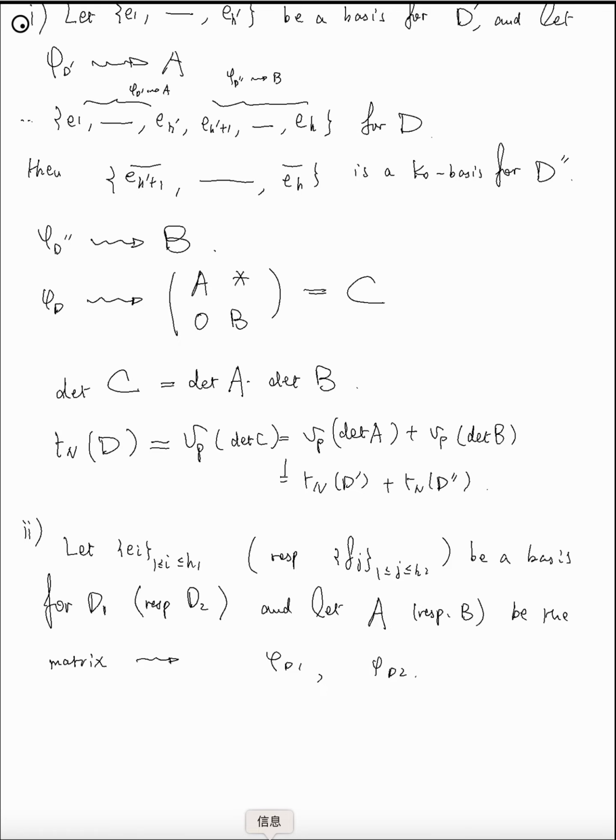Now we have e_i tensor f_j forms a basis for D1 tensor D2.